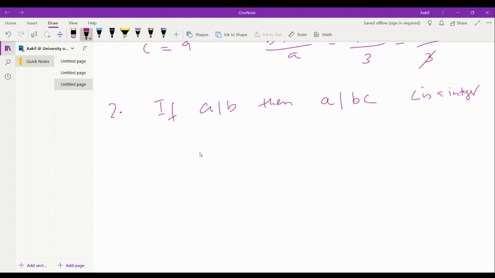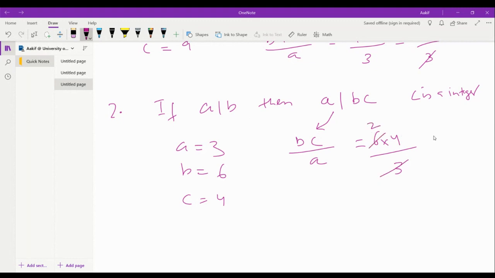If we have A equal to 3, B equal to 6, and C as any number, let's say 4, since it's an integer, then B times C by A will be equal to 6 times 4 by 3, which is 3 times 2 times 8. So this again is true.